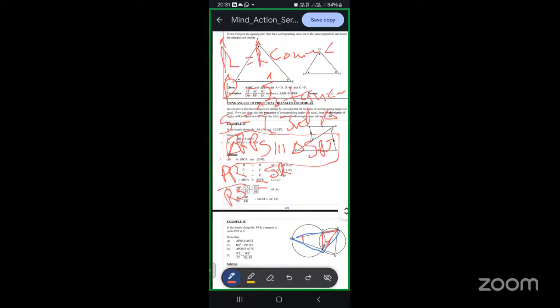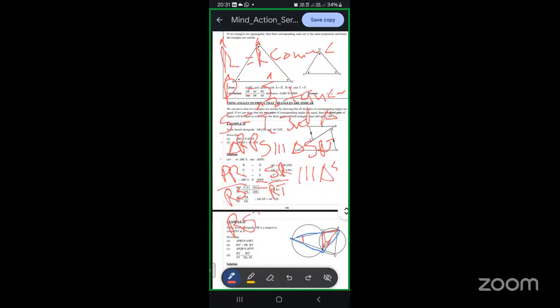Wait, you said PR over SR is equal to SR over RT. Yes. Let me write this: RT here, and then similar triangles. Then you cross multiply. You get SR times SR, which is SR squared, or RS squared, equal to PR times RT.